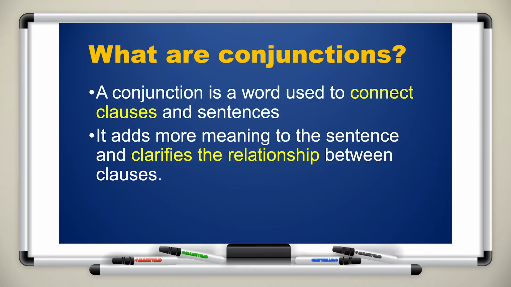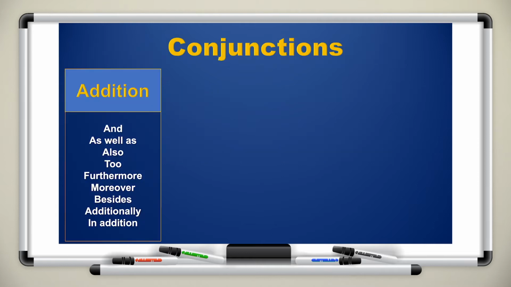So if I want to use conjunctions effectively in the essays, I will follow those titles. For example, for addition, if I want to add information, give more description, or add more to the sentence before, I will use words like as well as, also, furthermore, moreover, besides, additionally, in addition.